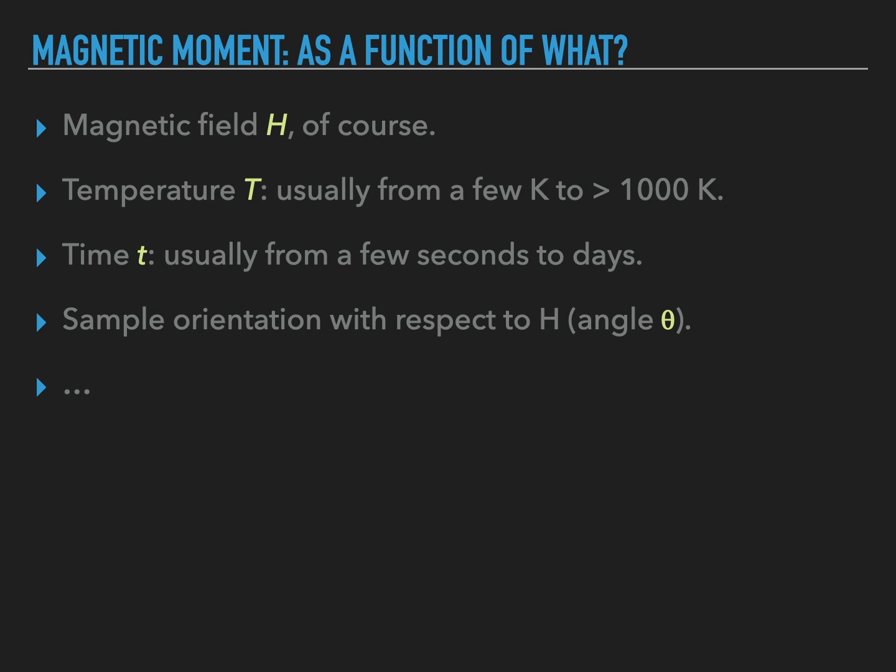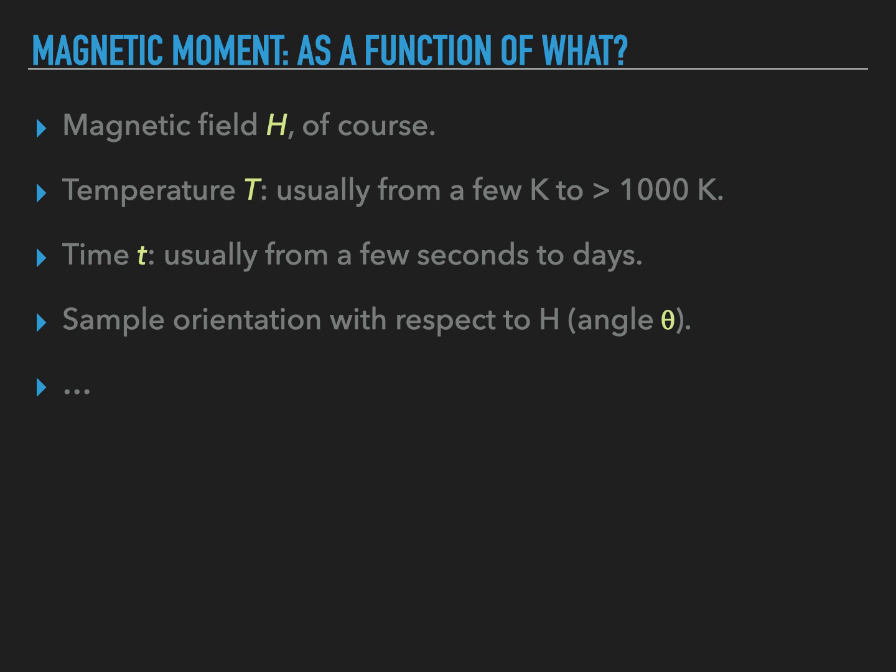The magnetic moment of your sample depends on a lot of different external quantities. Of course, there is the magnetic field at which the sample is submitted, but it also depends on the temperature. Usually you can be interested in measuring the magnetic moment from just a few Kelvin to maybe even more than 1000 Kelvin.